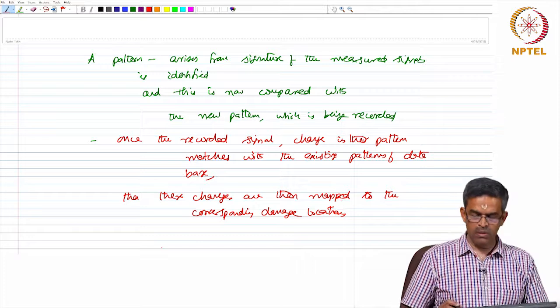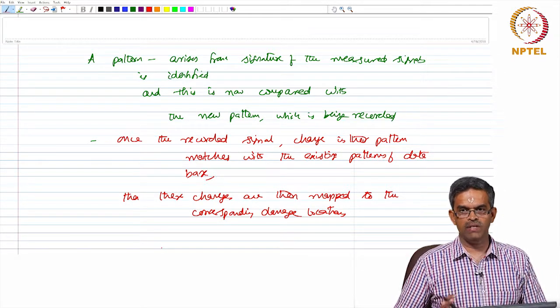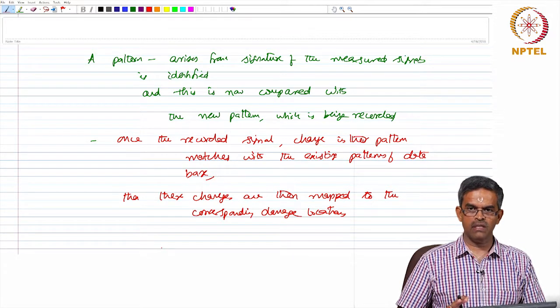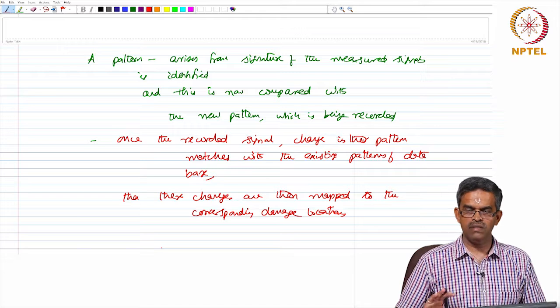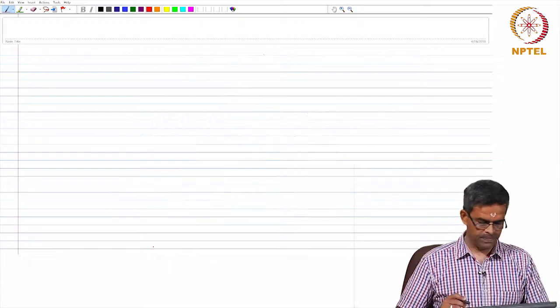So, it is very simple that we do not compare every signal to identify the damage. We try to compare the measured signal signatures with the existing patterns which are saved, which are grouped in the given database. So, we call this pattern recognition.